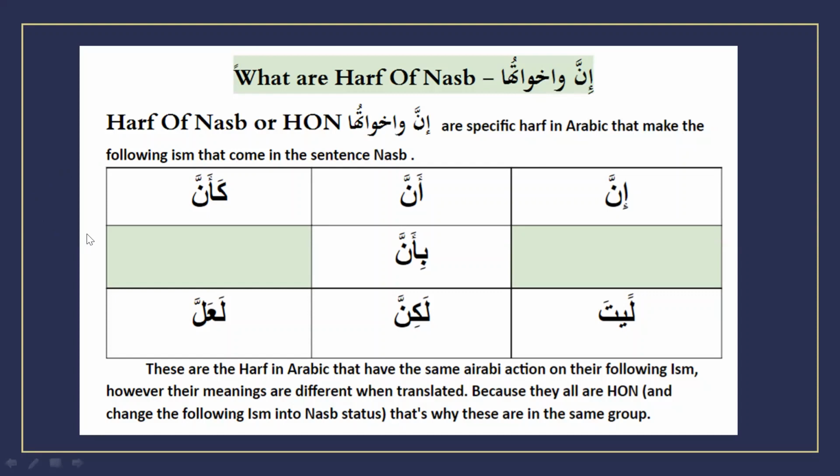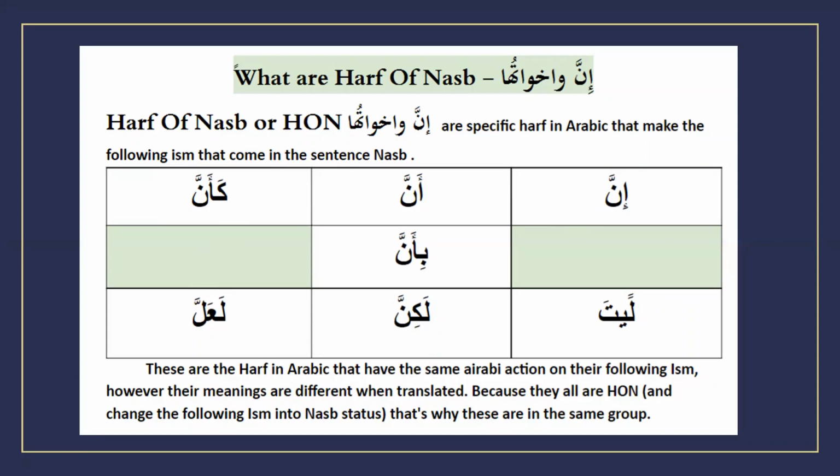And what are they? How many are they? There are 7 in total, and they are inna, anna, ka anna, bi anna, laita, lakinna, la'alla. So it's advisable that you learn all these letters, just like you learn harf of jar: ba, ta, kaf, lam, wa, min, fi, an, ala, hatta, ila.